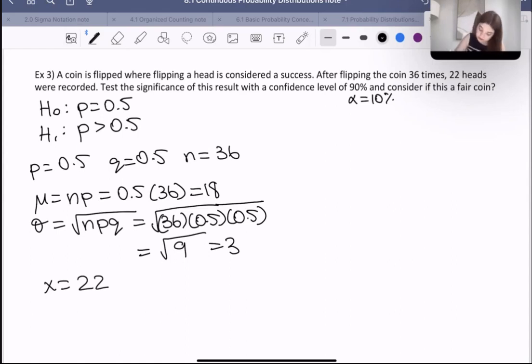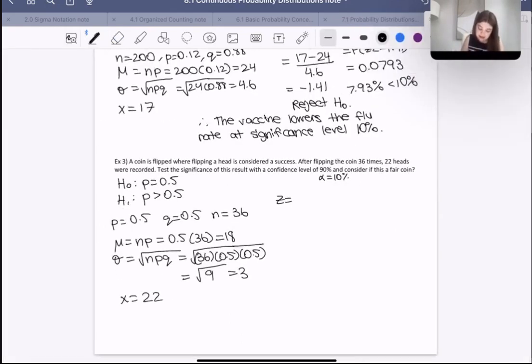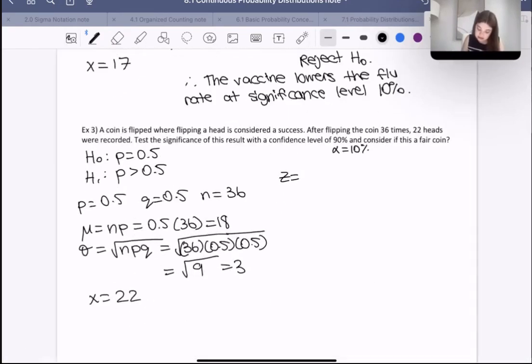So let's see. First we've got to know the Z score. So the Z score is going to be equal to 22 minus 18 over 3, which is 4 over 3. Wait, actually, I'm doing this incorrectly. My apologies. This is not continuous. This is discrete.